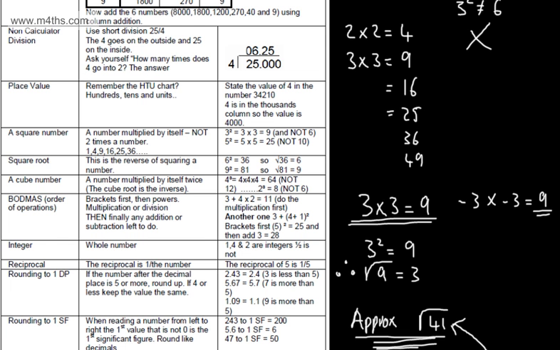So let's go ahead and just tick these off. So a square number is the same number multiplied by itself to give us the answer. These are the square numbers: 4, 9, 16, 25 and so on. Square root is the inverse operation. So we're going backwards.